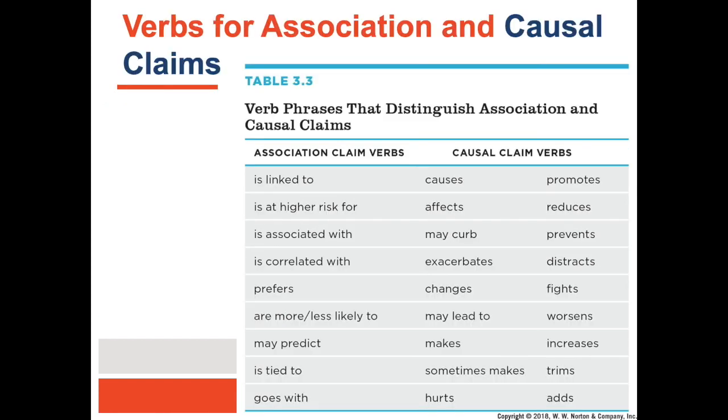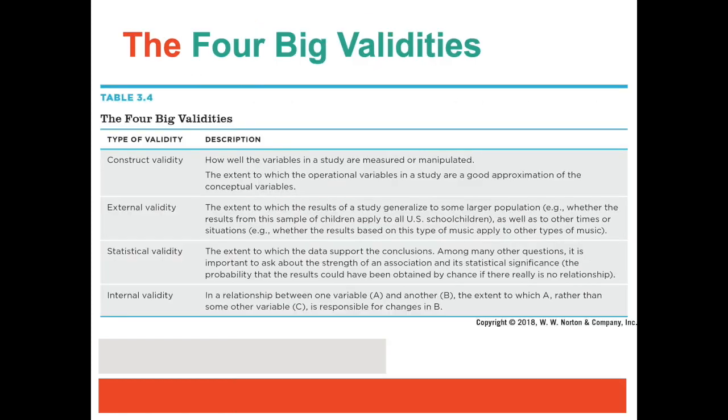So with these claims in mind, we have some tools to be able to deconstruct them a little bit. The four big validities are generally the ways that we'll look at research and decide, does a study look valid? Does it look like it's actually telling us what it's saying it's telling us? The first one is construct validity.